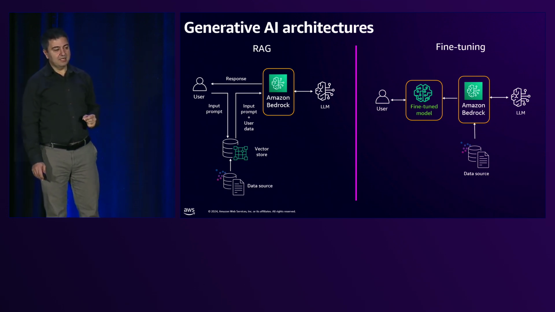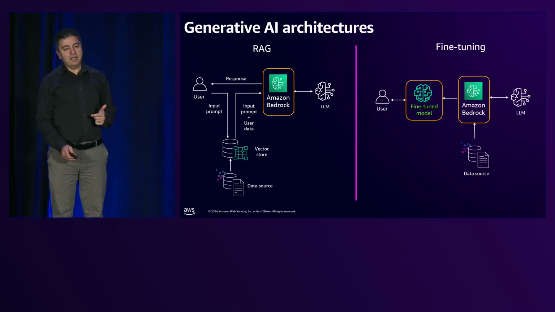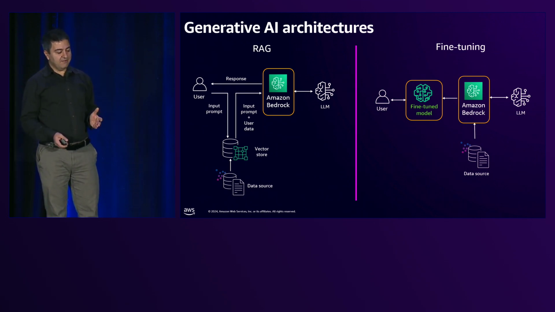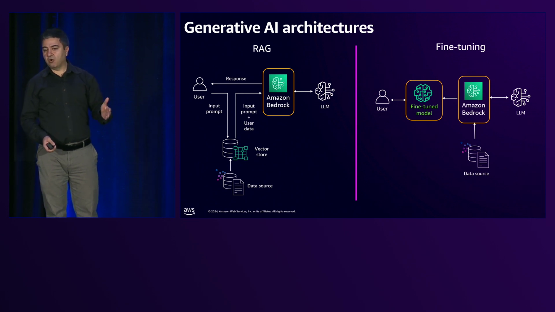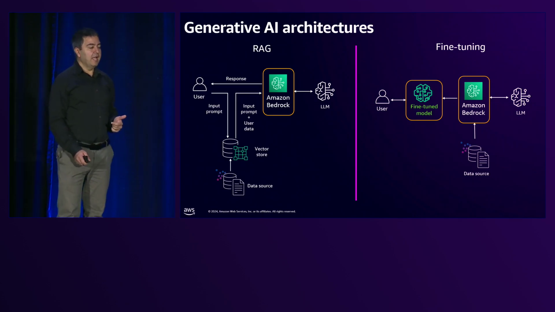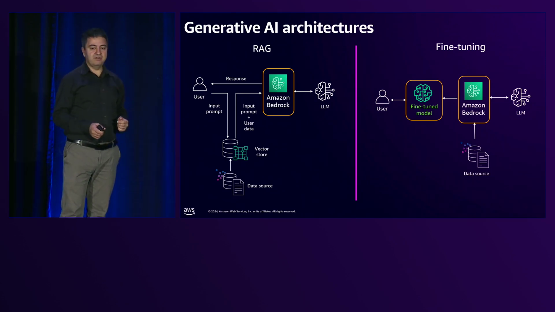A couple of points here. First, in many use cases, we may use RAG or we may use fine-tuning. Each has its own pros and cons. For RAG, it's much simpler on the LLM side because we don't have to fine-tune, and we can use a generic shared one. On the fine-tuning side, we need to go through the fine-tuning.